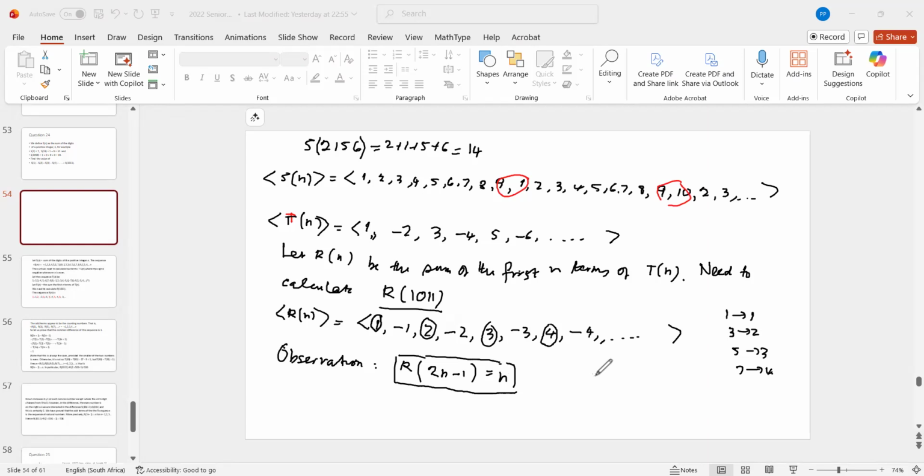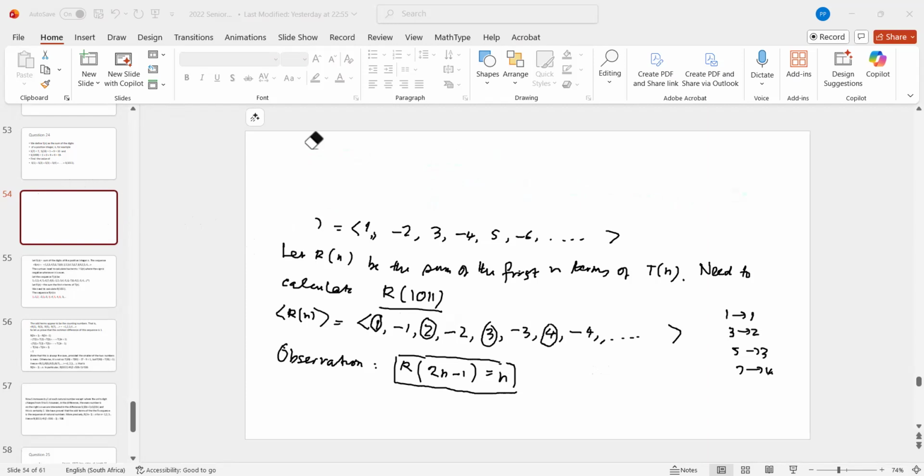How do we prove that? Okay, so essentially, in other words, we want to show that the odd terms form an arithmetic sequence, right?